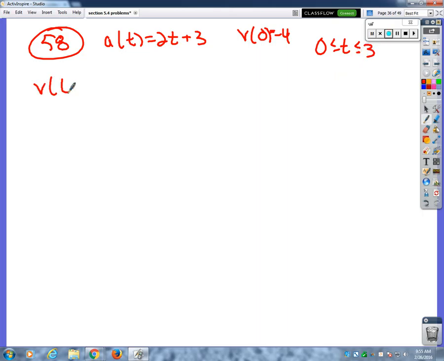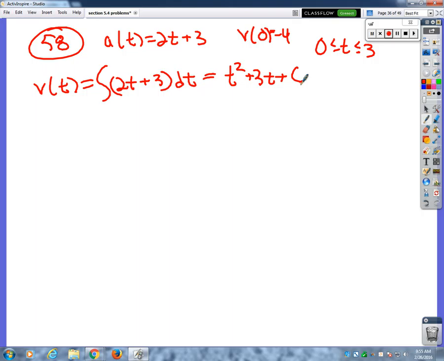Okay, so to find the velocity, I have to take the integral of 2t plus 3, which is, I'm not feeling the 2/3 t squared. I'm not feeling the 1/3 either. It's just t squared plus 3t plus c.